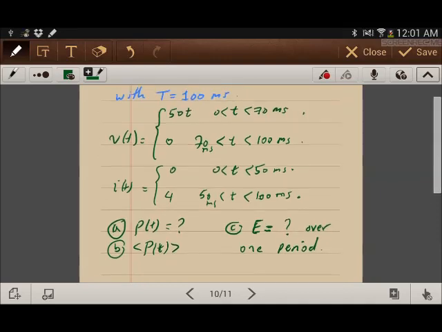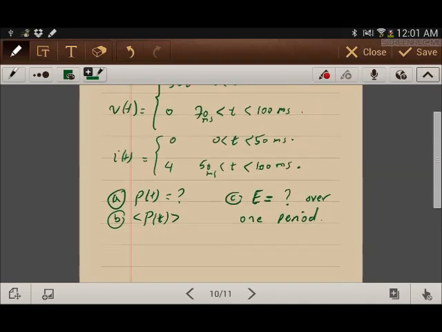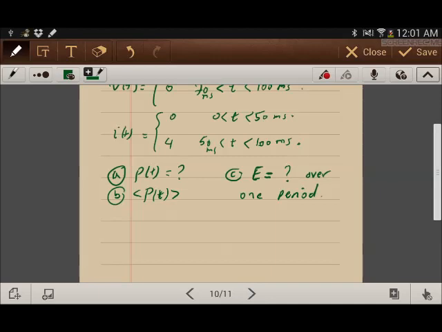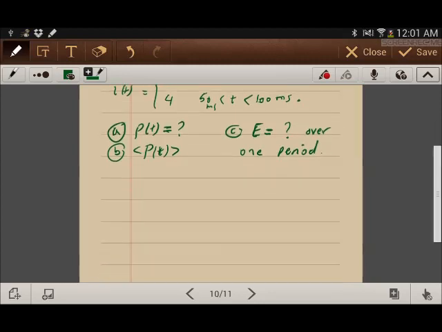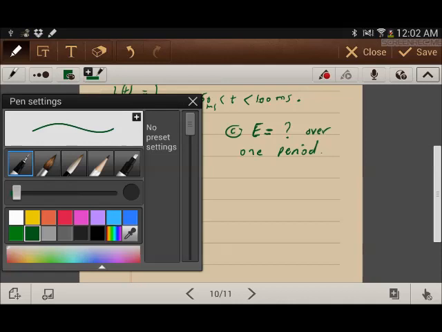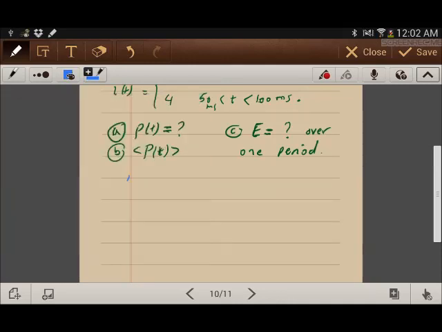In part A they ask us to find the instantaneous power p as a function of time. As we know, the power as a function of time is equal to the voltage multiplied by the current.